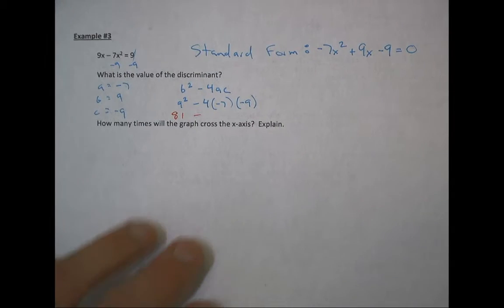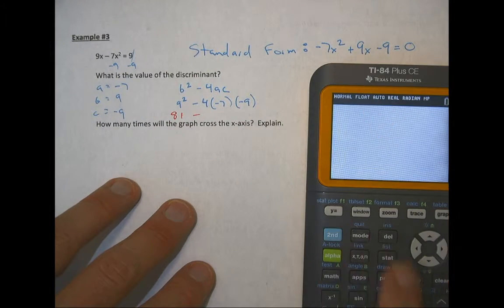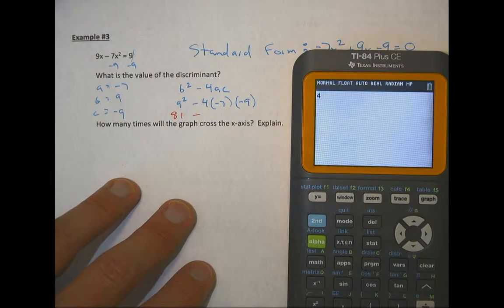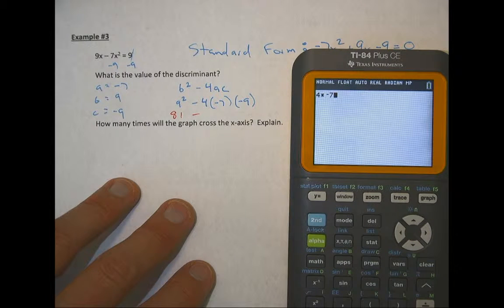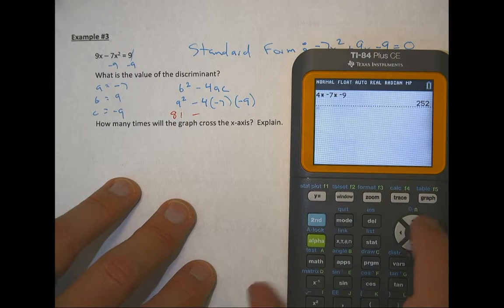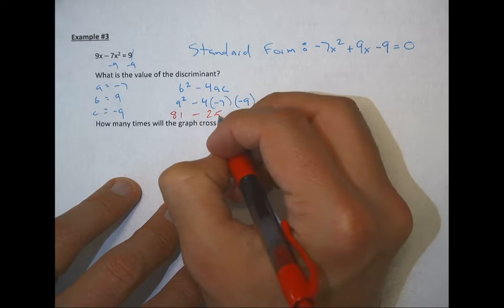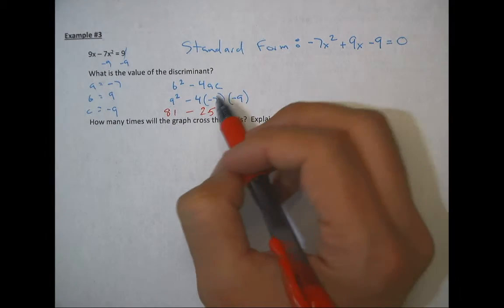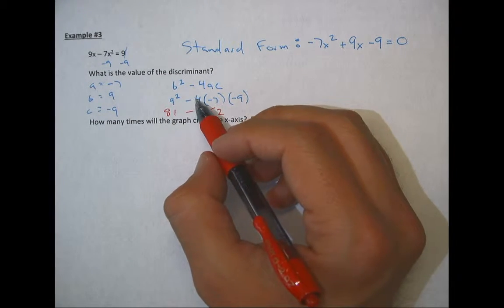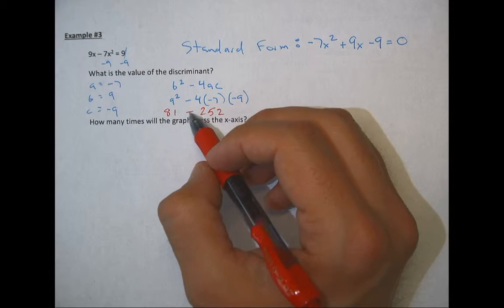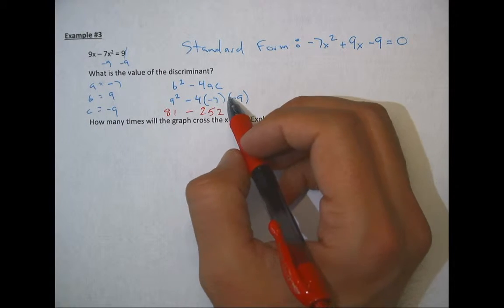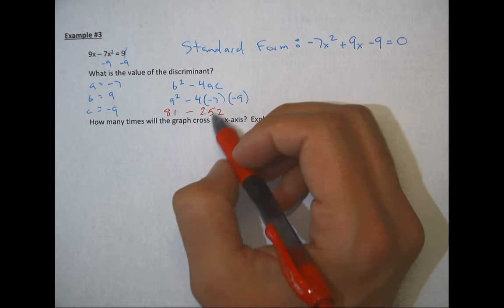Now I need to multiply all of these. So if I just go out here, 4 times -7 times -9, I get 252. And that should be positive because I left this minus here, so this didn't count as a -4 because I'm bringing the minus down. And so I had a negative and a negative that made a positive 252.